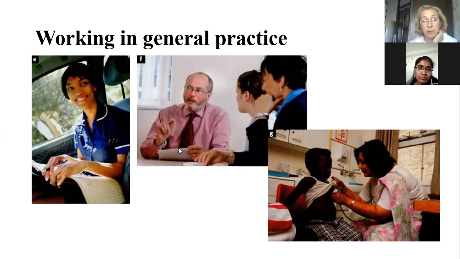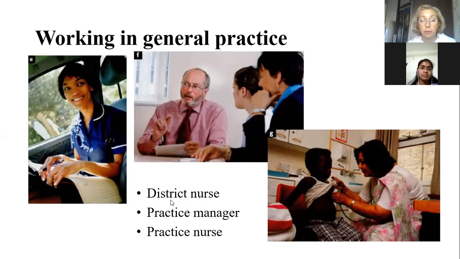These pictures can illustrate the jobs that you mentioned, but let us focus on the following jobs. So let it be that this is a district nurse in picture E, because she deals with the patients in her district and travels in a special car.